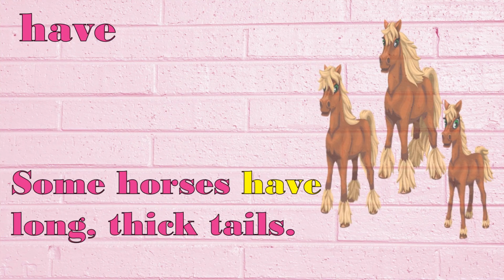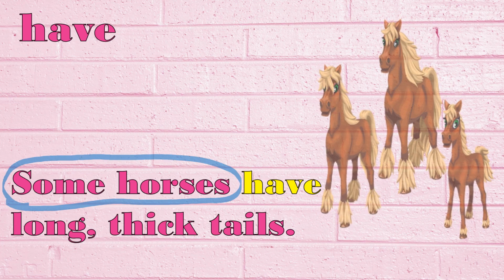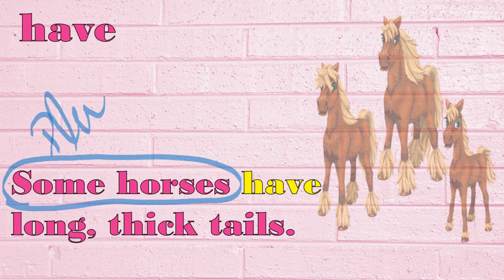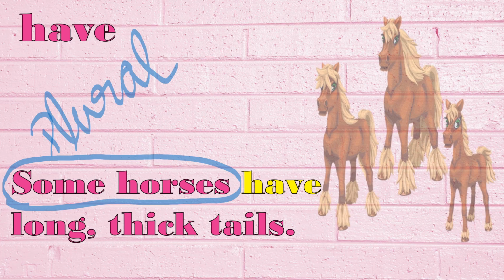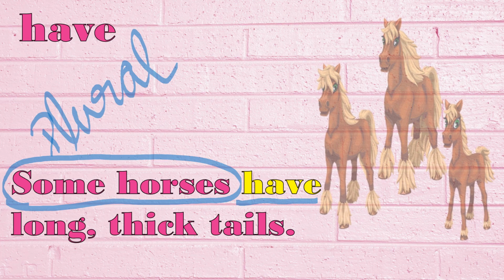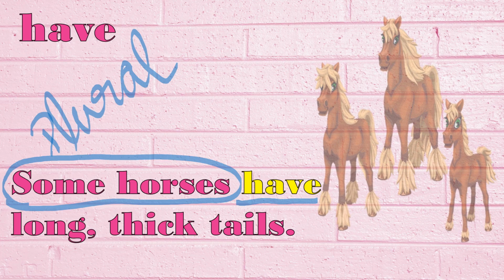Some horses have long thick tails. Children, now our subject is some horses. Now think whether it's singular or plural. Yes, it's plural. Some horses is plural. So when our subject is plural, we use the helping verb have to show possession. What do they have? They have long thick tails.